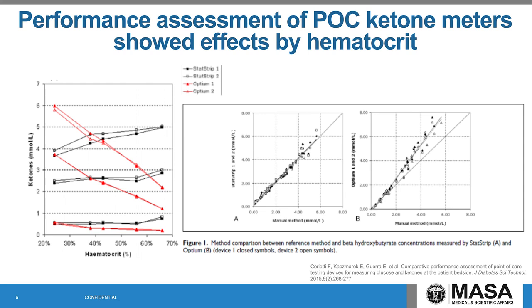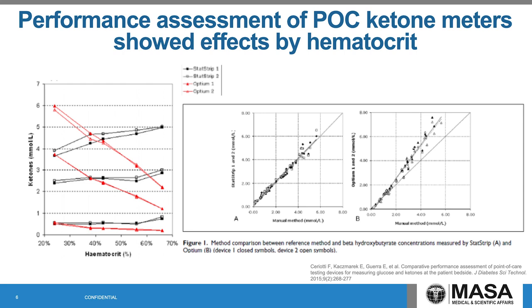If you focus on the graphs, you will see that we have one meter in particular, which you can find in the legend as the red graph, that has very significant interference with hematocrit as compared to StatStrip ketone and the central lab reference method.